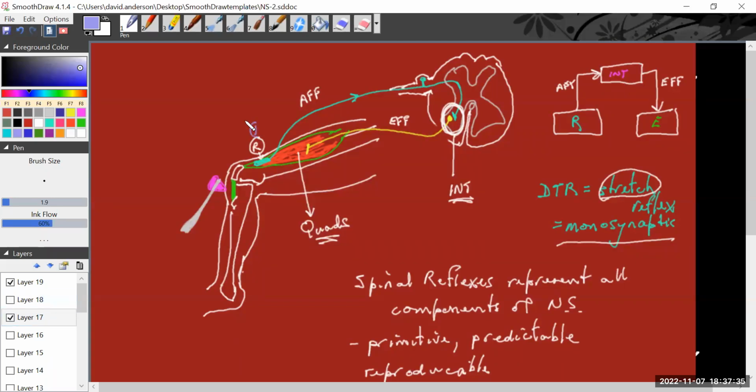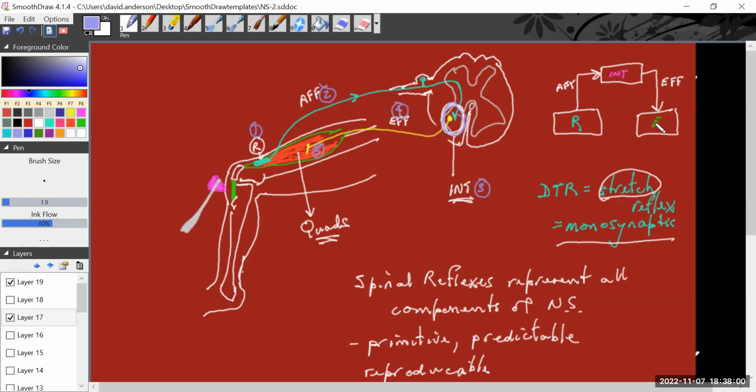Our number 1 was our receptor. Our number 2 was our afferent pathway. This circled area here was integration, number 3. Our efferent pathway was number 4. And our quadriceps is number 5. 1, 2, 3, 4, 5. See it?